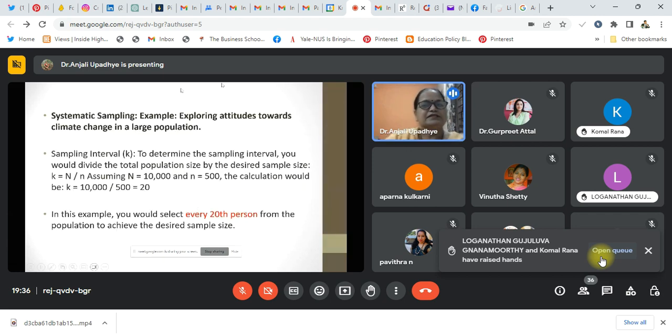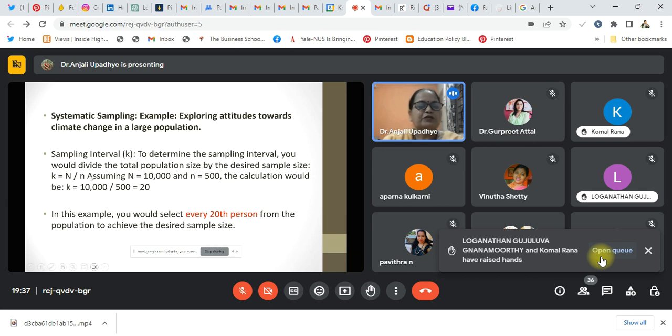Here is the example of systematic sampling. This systematic sampling method is normally used in industrial areas, wherever quality control is there. We take samples from the quality control methods. In quality control, what we do is take a sample from every kth interval. That particular kth interval we have to decide, and exactly the sample size we are going to calculate according to that.